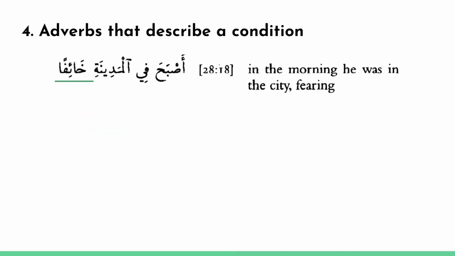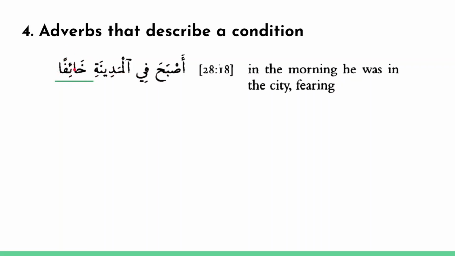And a related reason that an ism can be in the mansub case is if it is an adverb that describes the condition that the subject is in while they're carrying out the action. So let's take a look at an example to make this clear. So asbaha fil madina. Asbaha fil madina means in the morning he was in the city. Khaifan, when I add that word, it means in the morning he was in the city afraid or in a fearful state.